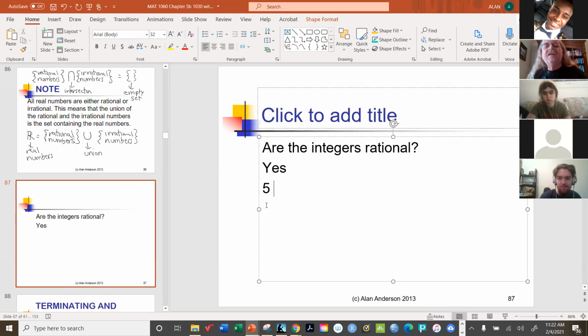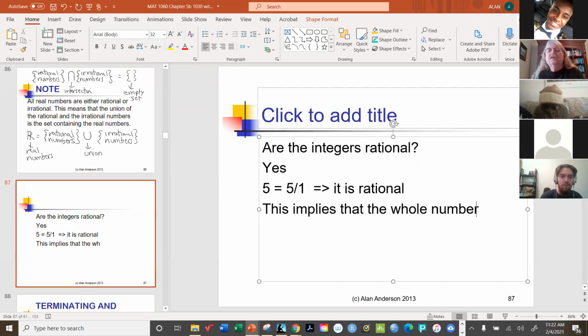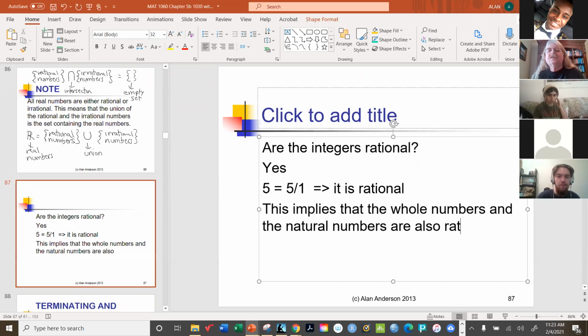So for example, 5 is equal to 5 over 1. Therefore, it is rational. In other words, in every case, we can simply rewrite it as itself over 1 and prove that the integers are rational. Now, this implies that the whole numbers and the natural numbers are also rational.